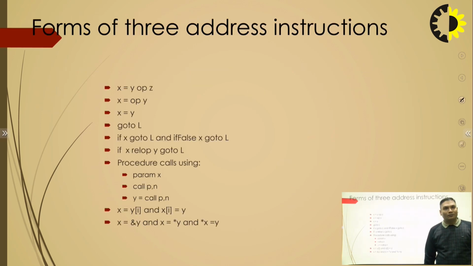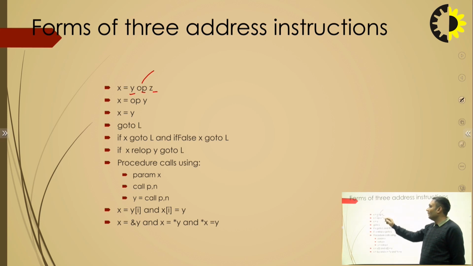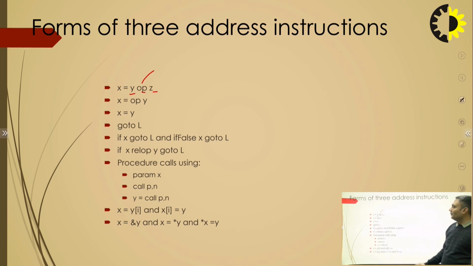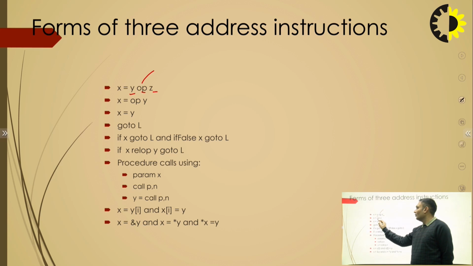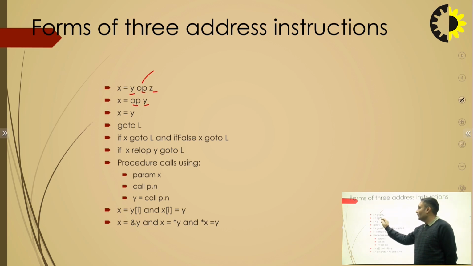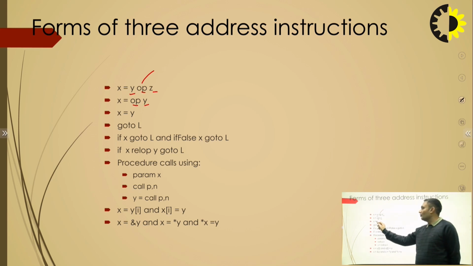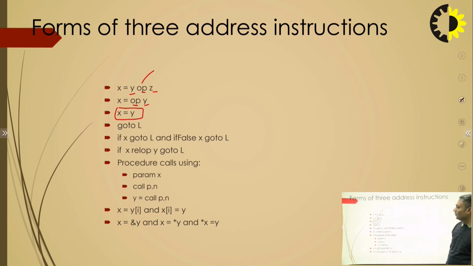So there are various forms of 3-address code in compiler design. It can be X equals Y operator Z, where the operator may be a binary operator. Similarly, X equals operator Y. There may be a possibility that there are not 2 operands, but the operator is a must. Now X equals Y is also a form of 3-address code.